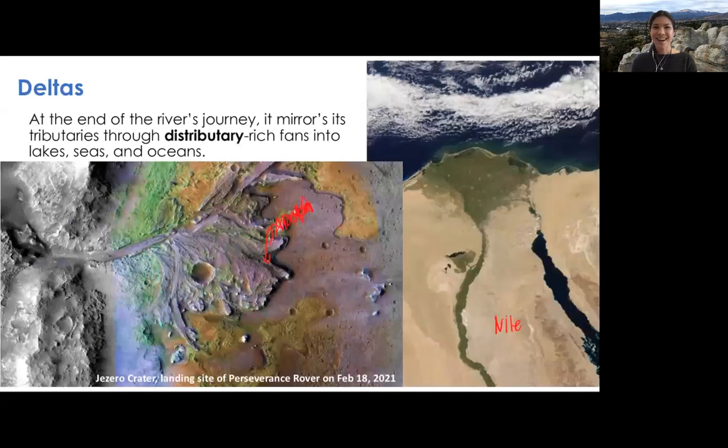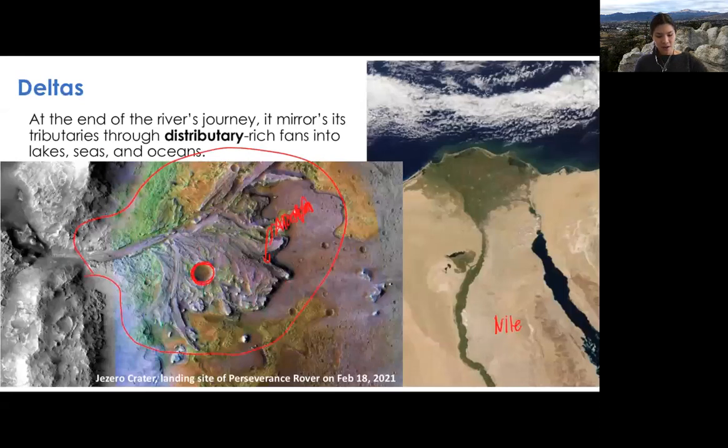in other planets. So a really cool thing that's happening in the middle of our block actually is that the Perseverance rover is landing on Mars with a planned date of February 18th, 2021. And Percy, call him Percy, is landing in Jezero crater, which is this crater right here. And one of the reasons this landing spot was chosen is because it's in the middle of this feature that really resembles a delta.